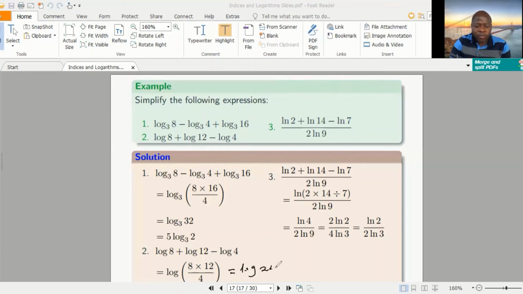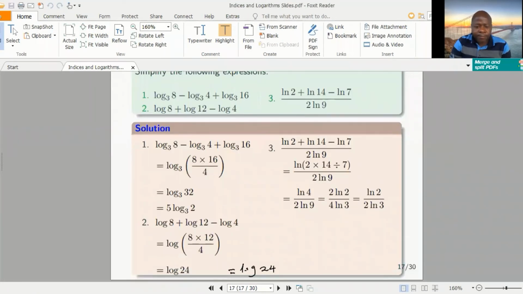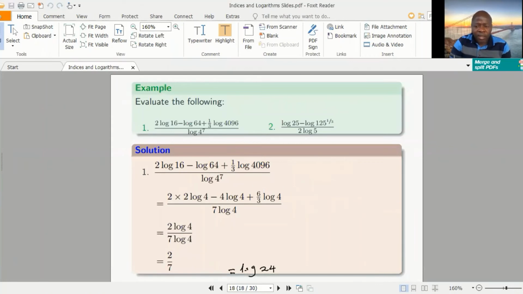It will be log of 24. You can just leave it the way it is. Let me see what I did. Did I leave it that way or simplify it further? Yes, I left it that way.